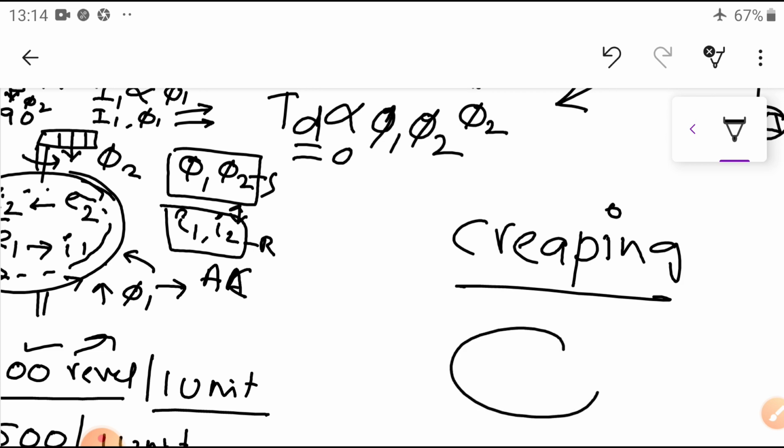The disc has to rotate whenever there is a load on the energy meter. But even in the absence of load, it is moving very slowly. In the long term, what will happen? Revolutions may take place, causing unnecessary recording of the number of revolutions. So this creeping should be avoided.